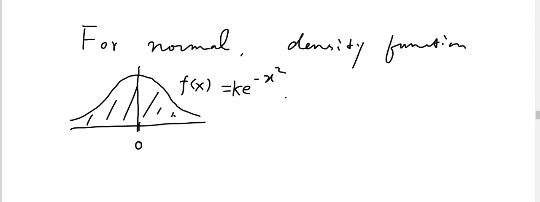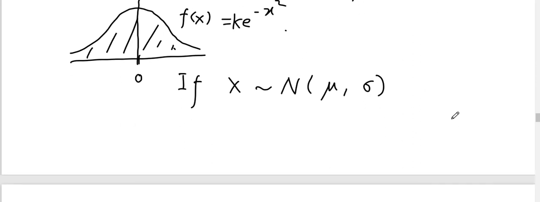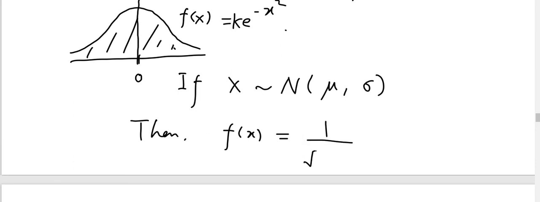In general, if X follows a normal distribution with mu and sigma, then the density function f(x) equals 1 over radical 2 pi sigma times e to the negative (x minus mu) squared over 2 sigma squared.